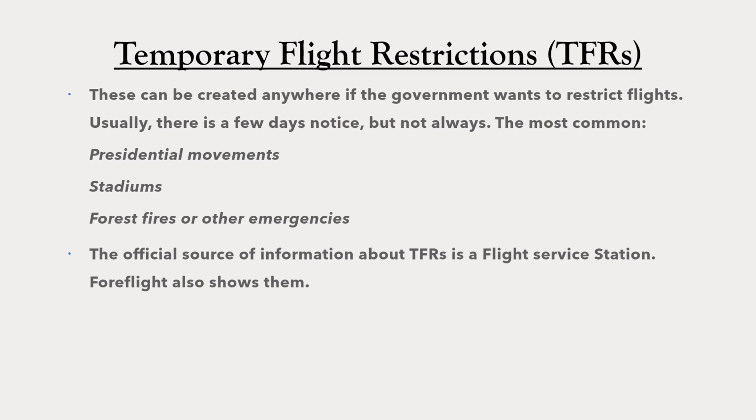Emergencies are the kind of situation where they wouldn't have been able to provide information very far ahead, or sometimes the president will change their plan on short notice and the presidential TFR shows up on short notice.